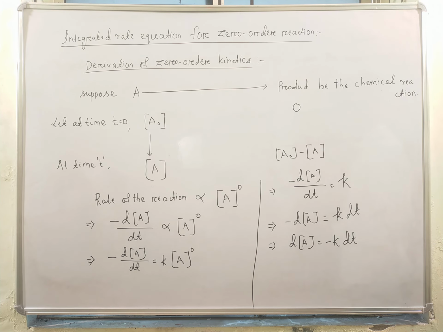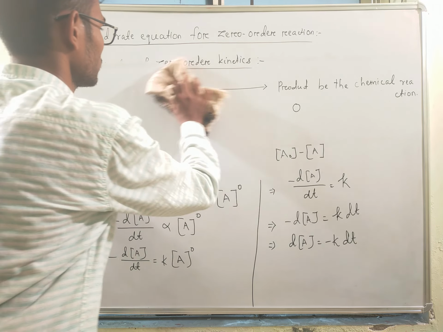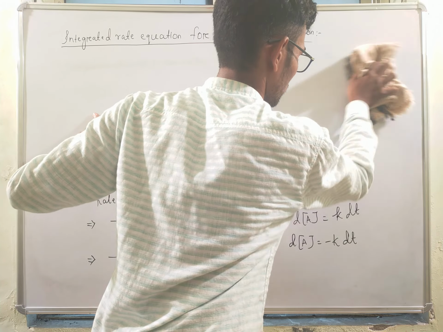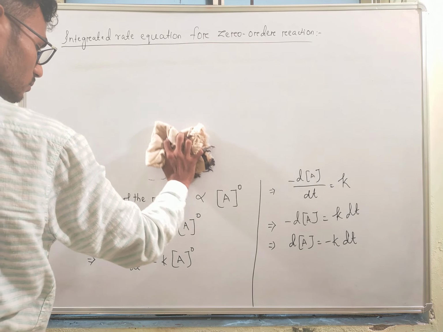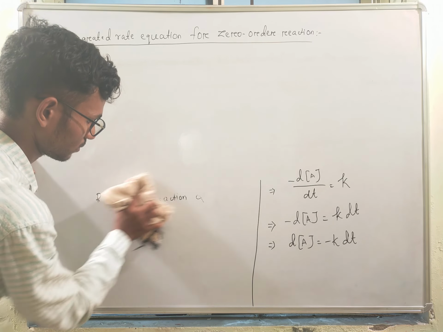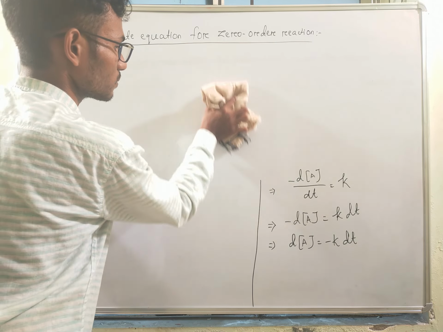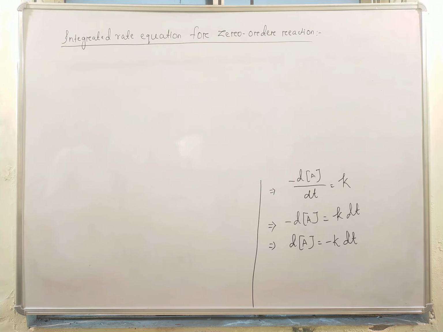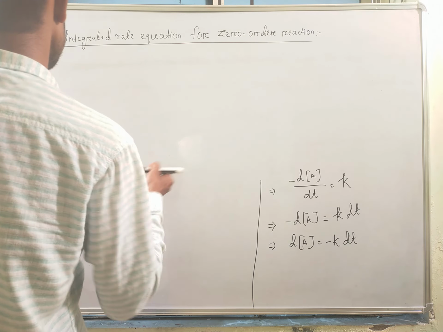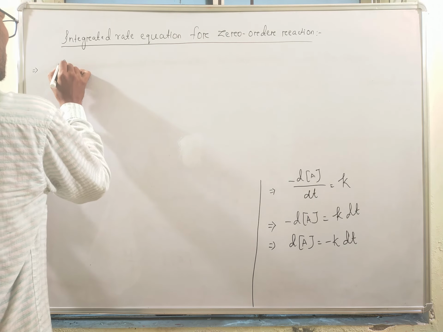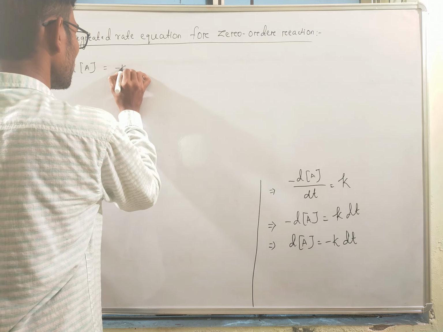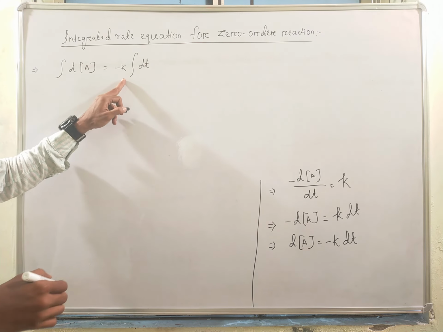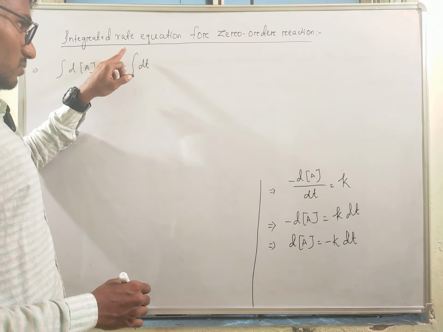We have to integrate these equations. Now integrating both the sides, this equation will become integration of dA equal to minus k integration of dt.